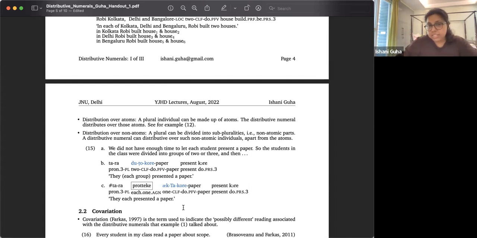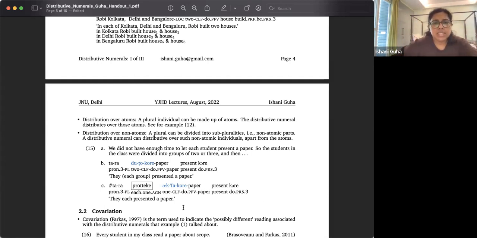All that is relevant for us is that a distributive numeral can distribute over sub-pluralities also, if the sub-plurality is contextually made salient, or supplied as part of the discourse.